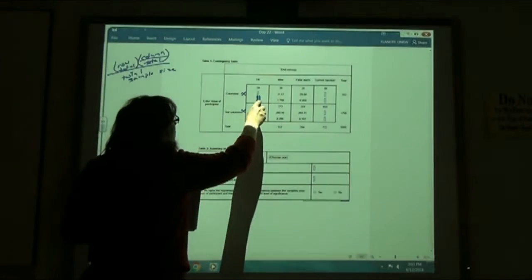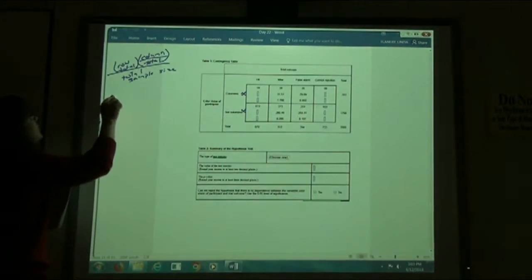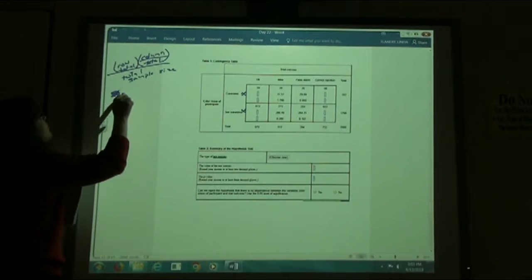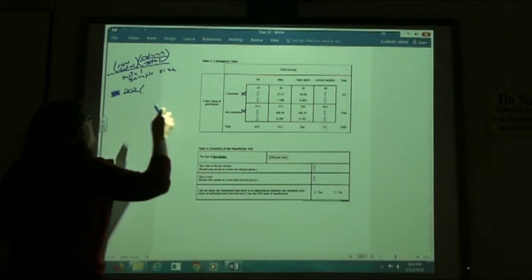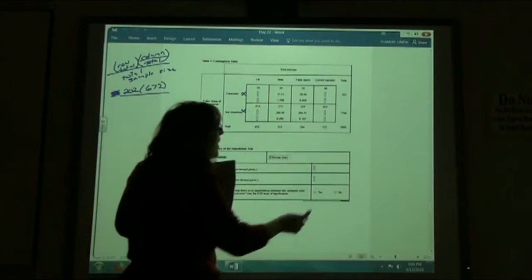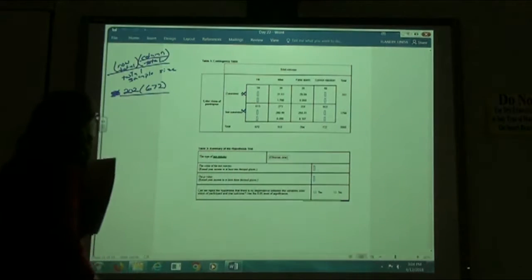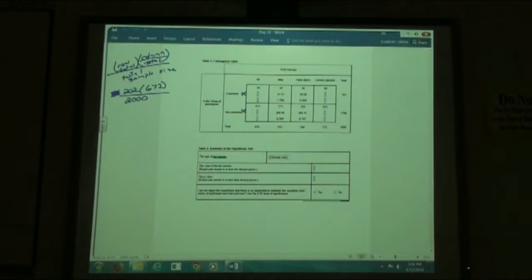So, first box we have to fill in, our row total is 202, times our column total, 672, divided by our total sample size, 2,000 were surveyed. So 202 times 672 divided by 2,000.